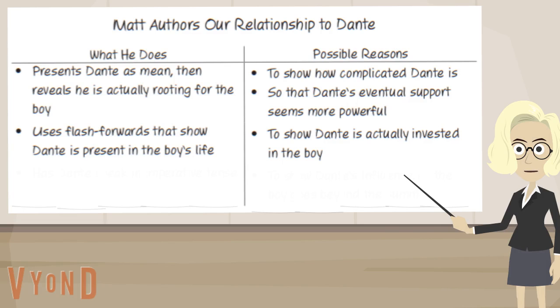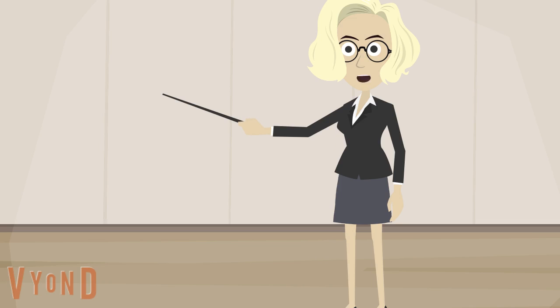So I added that what he does is use flash forwards to show that Dante is present in the boy's life, and possible reasons might be to show Dante is actually invested in the boy. Readers, as you go off to read today, be alert to authorial control of time and how your authors use time shifts to develop your relationship with characters.